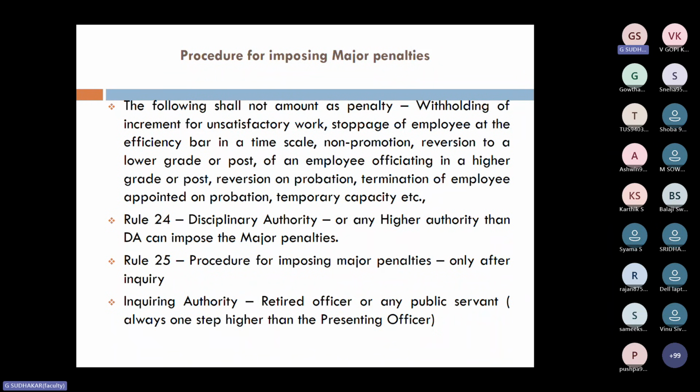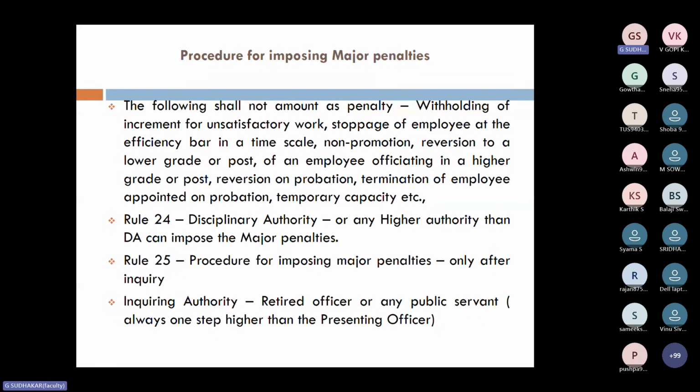And if it is proved in the inquiry report that the employee has committed some irregularity or some act of crime, then the disciplinary authority will impose an appropriate minor or major penalty, taking into account the aspect of the charges. So that is the procedure.